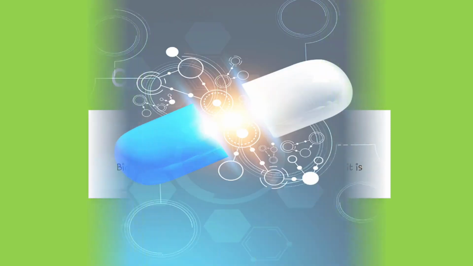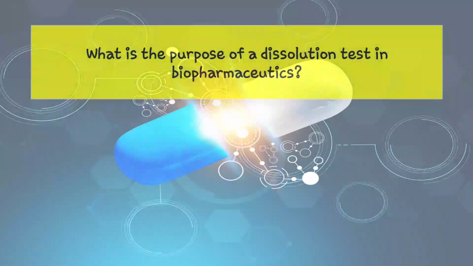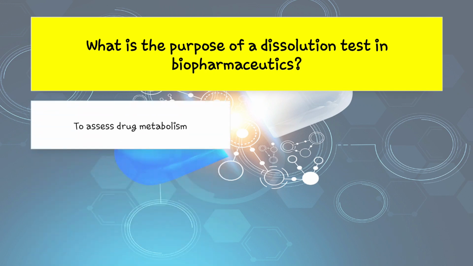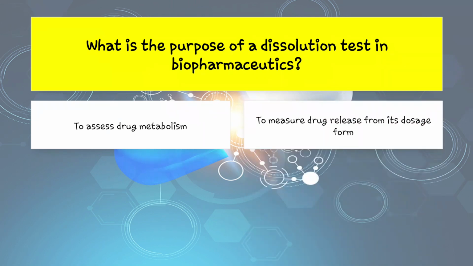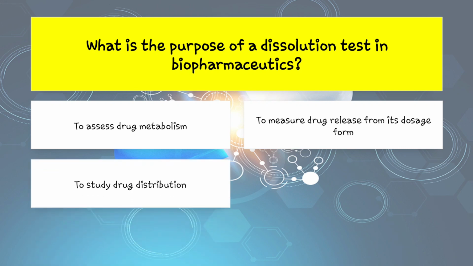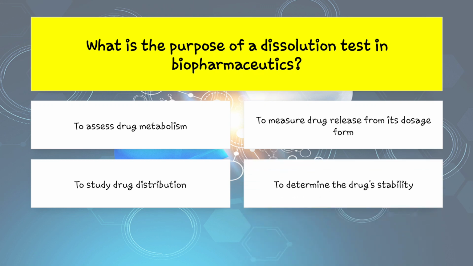Then moving to the next question. The question is, what is the purpose of dissolution test in biopharmaceutics? And the options are option 1, to assess drug metabolism, option 2, to measure drug release from its dosage form, option C, to study drug distribution, or option D, to determine the drug's stability.